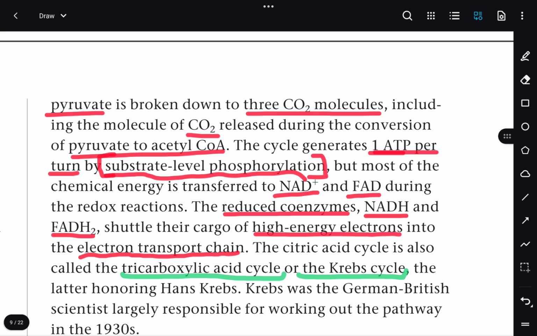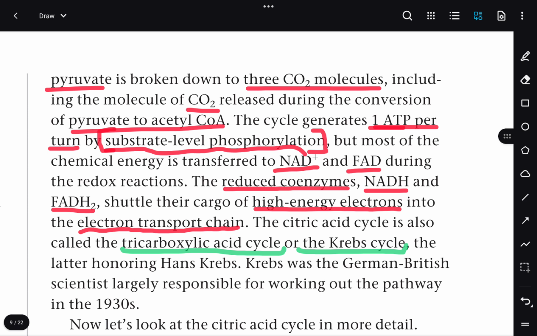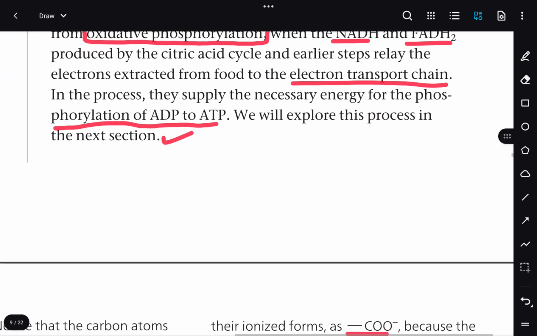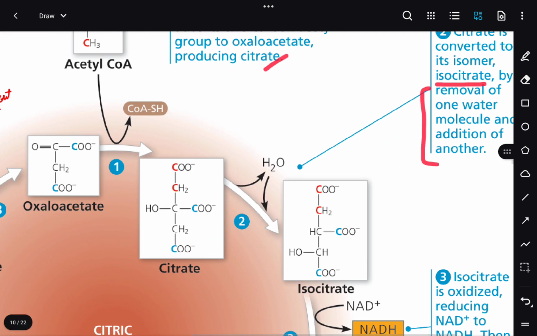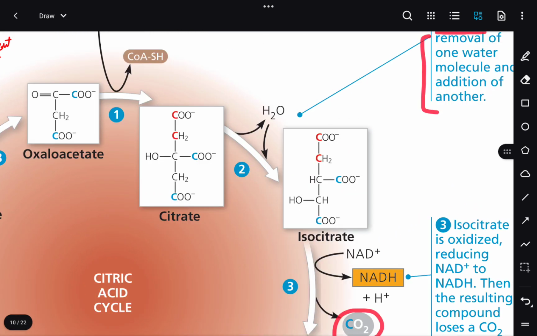It will react with oxaloacetate and form citric acid, the citrate. Citrate has multiple atoms, but we have 4 carbons highlighted in red.